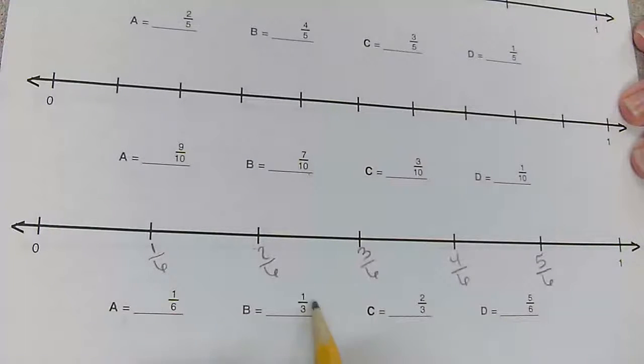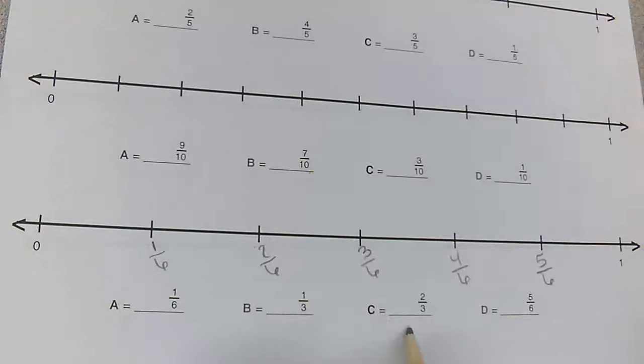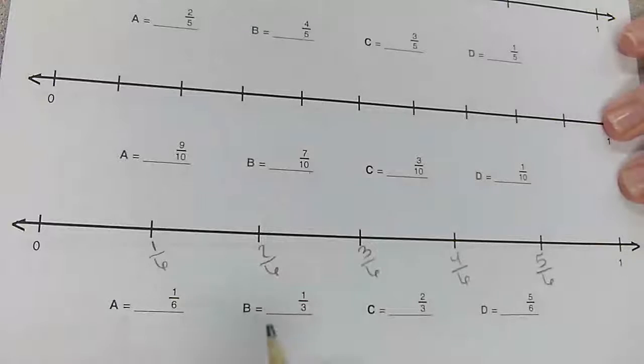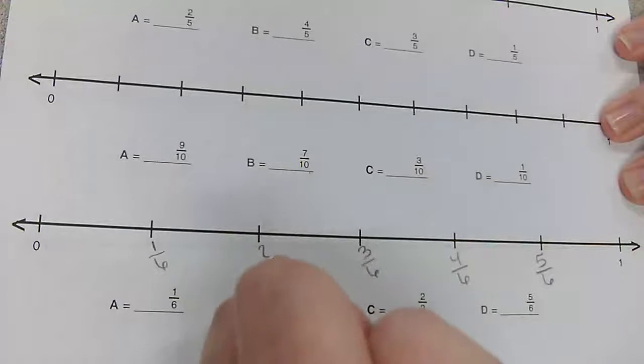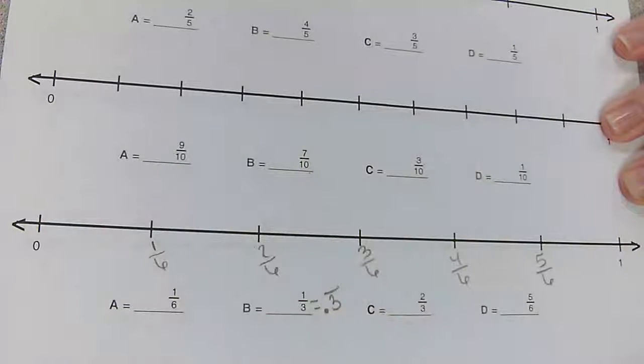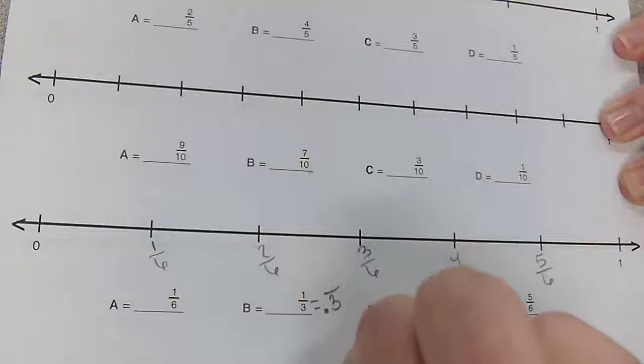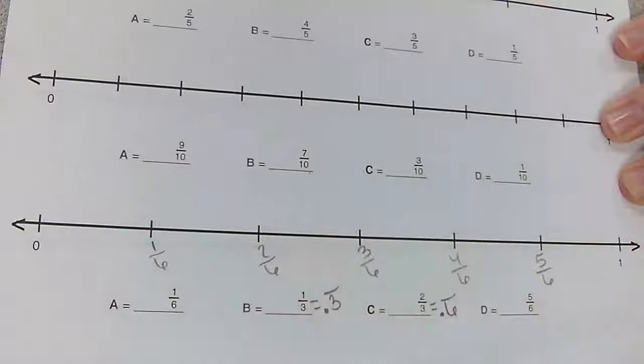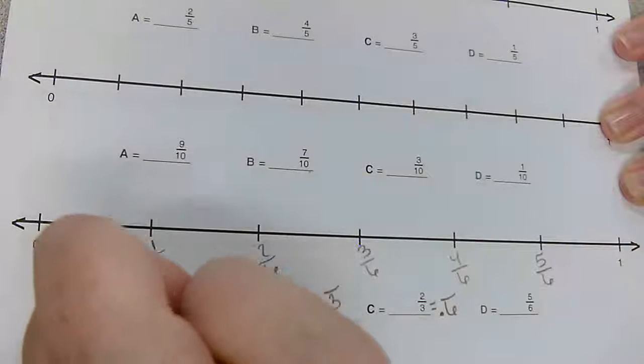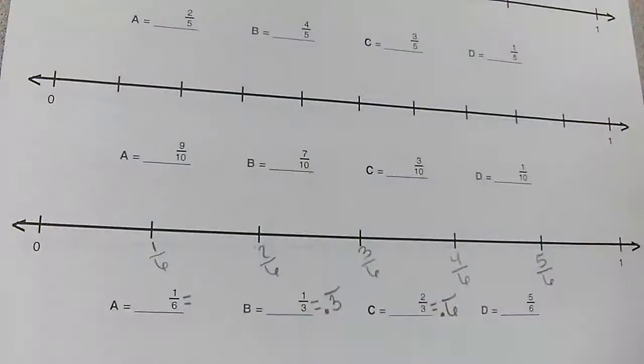But what's going to happen is your 1/3 and your 2/3, you're probably going to have to convert them into decimals to see where they fall. Okay, I'll tell you that 1/3 is 0.3 repeating, and 2/3 is equal to 0.6 repeating. If you don't know these, you can put them in a calculator.